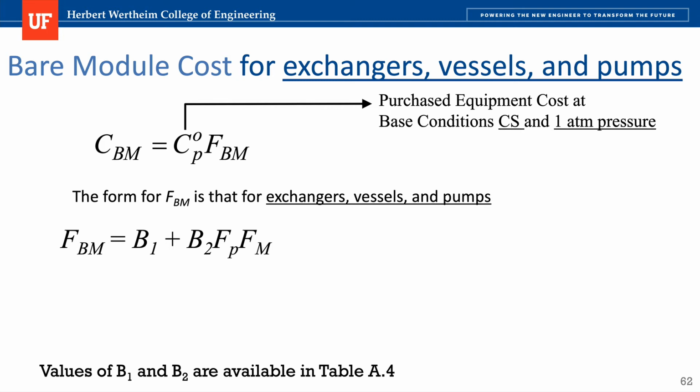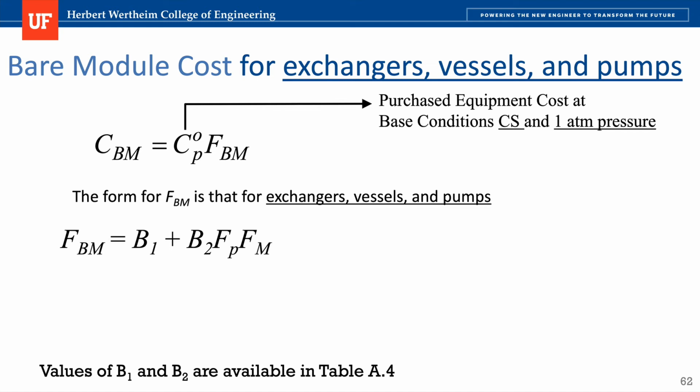The form for the bare module factor for exchangers, including coolers and heaters, vessels, and pumps is described by this equation. Notice that you have two B's, which are constants, and the constants come from the different installation data collected, that we gather in the tables that I'm going to be showing to you. That does depend on the type of equipment.